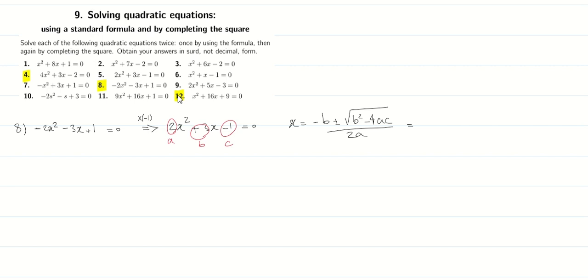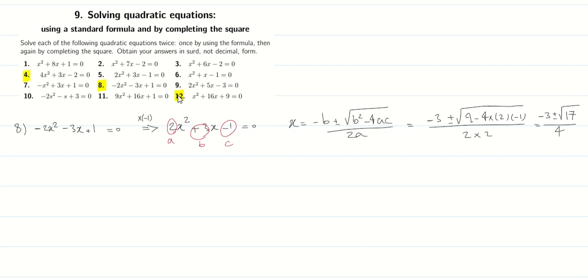So we would have negative 3 plus minus square root of b squared, which is 9, minus 4 times 2 times negative 1 divided by 2 times 2. So at the bottom we would have 4. At the top we would have negative 3 plus minus the square root of. So 4 times 2 is 8 plus 9 would be equal to 17.